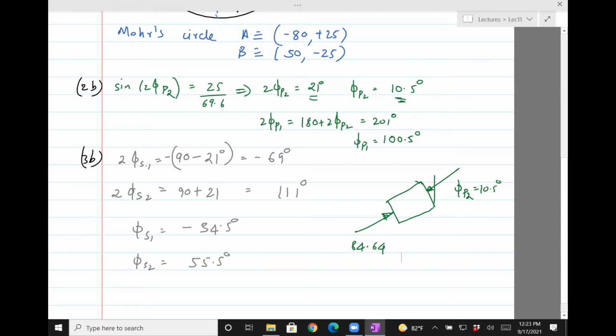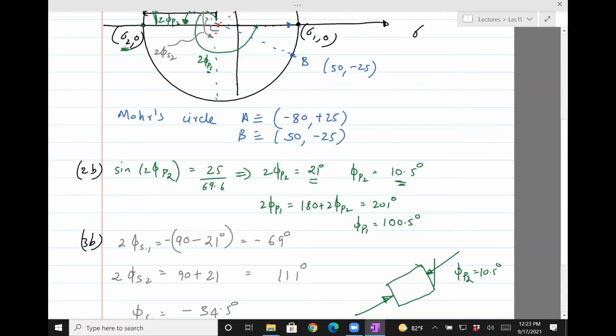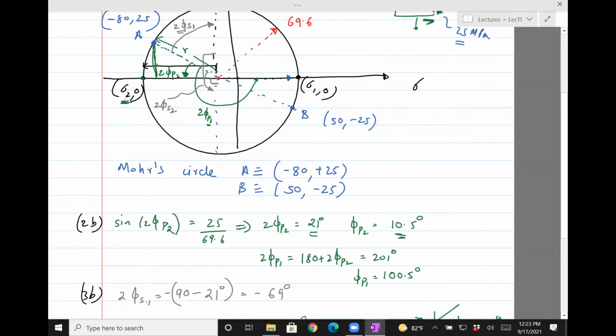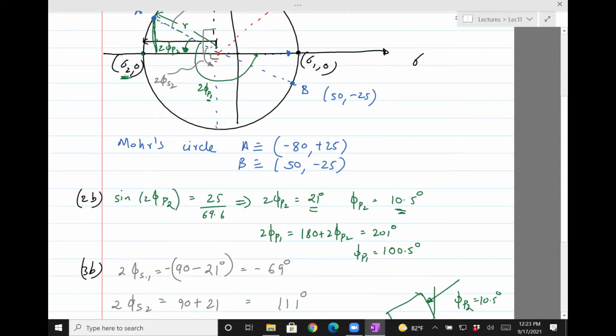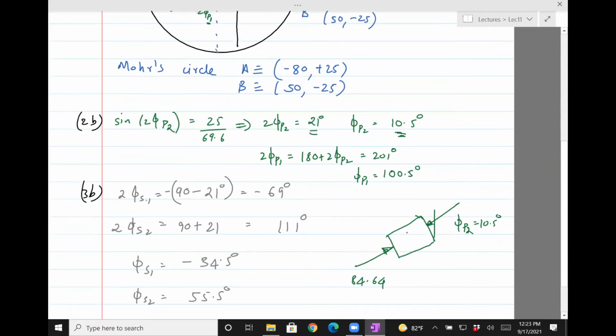And then on face B, we would have the stress of sigma 1, which is now, see, sigma 1 was 54.64.